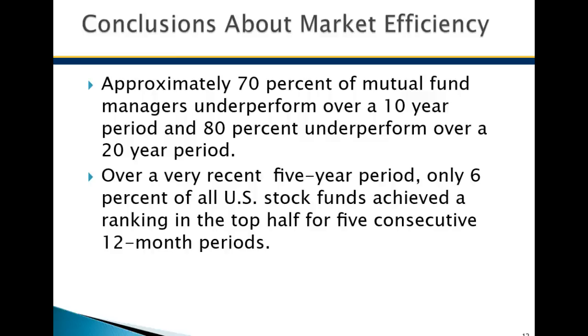Over a 5-year period, only 6% of U.S. stock funds achieved a rank in the top half for 5 consecutive 12-month periods. That means in the first half of the year, they might have been in a top ranking period, but that doesn't always continue.